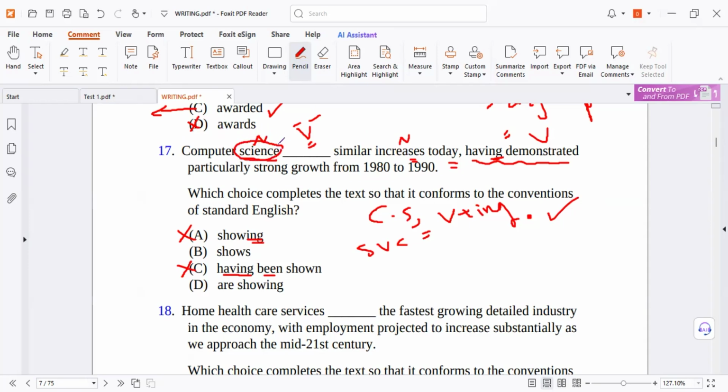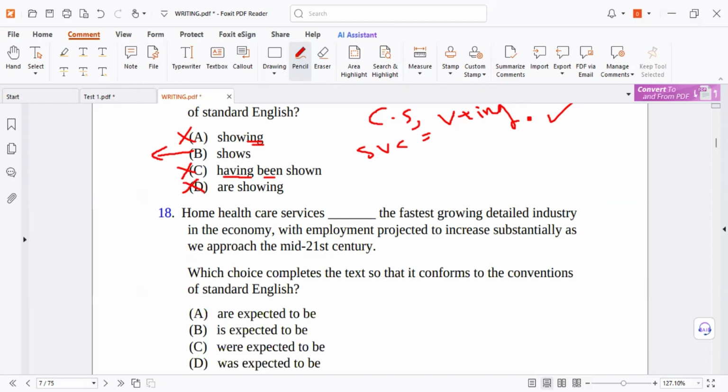Science here is singular, so you need singular, so it's letter B. It's not by sense, like "science are showing." I don't hear it before. This is called by the sense. We don't need it. Sense does not make sense in writing. It's always wrong. In reading, I can say. So now D is wrong. That's why. Come on, my friend.